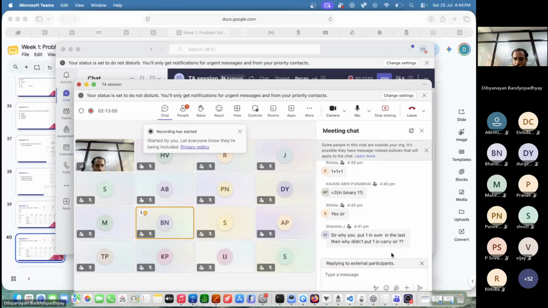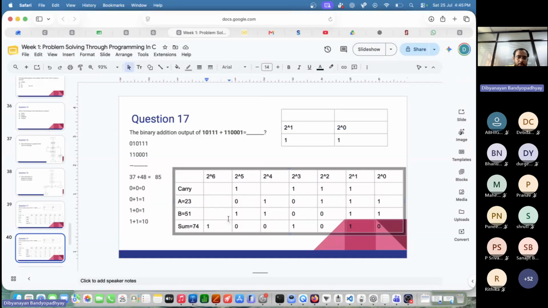Oh, in this position you are saying, so this is the ending position. So we can directly place the last one at the last position. So 1 plus 1 is 0 and we place the carry directly here.